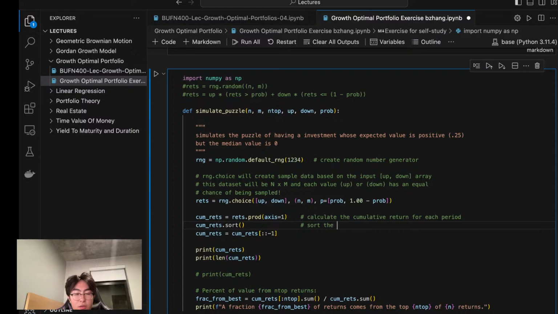Sort the cumulative returns ascending, and then this will reverse the cumulative returns into descending order. Okay.